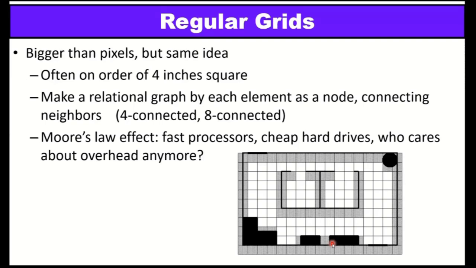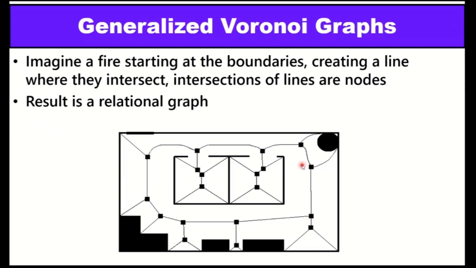GVD is the projection of lines between the nodes. Identify nodes and obstacles and then connect the nodes. So it is like a relational graph. So obstacle and node, this relation is there. In between this, now you are going for free space. Now these lines can act as a path for the robot.